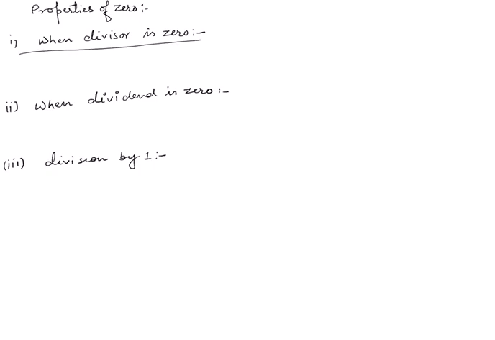If there is any number and we are dividing that number by 0, you will always get a meaningless answer. Suppose I am writing 17 divided by 0, it means 17 upon 0, so it will give you a meaningless answer.